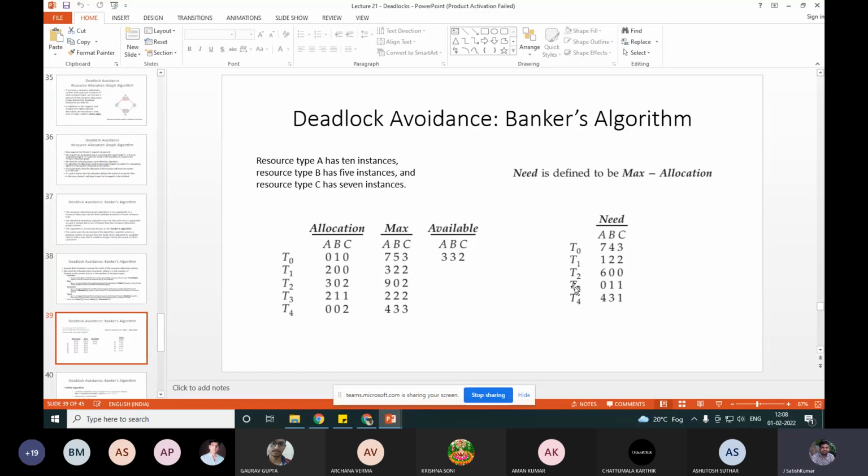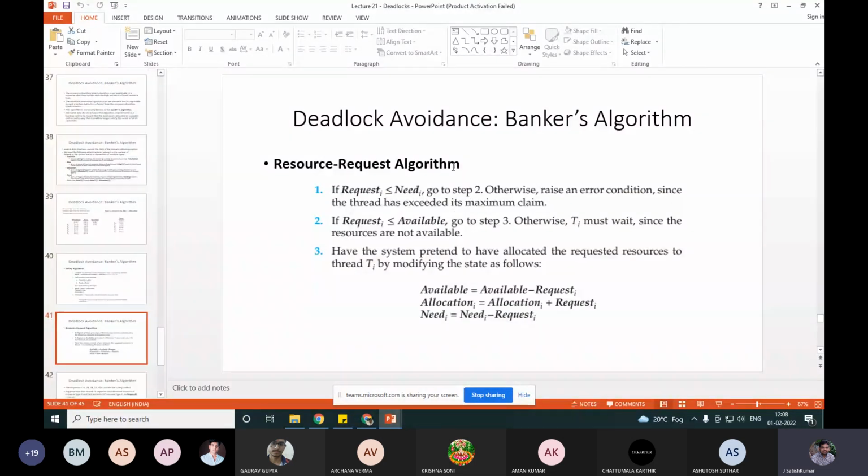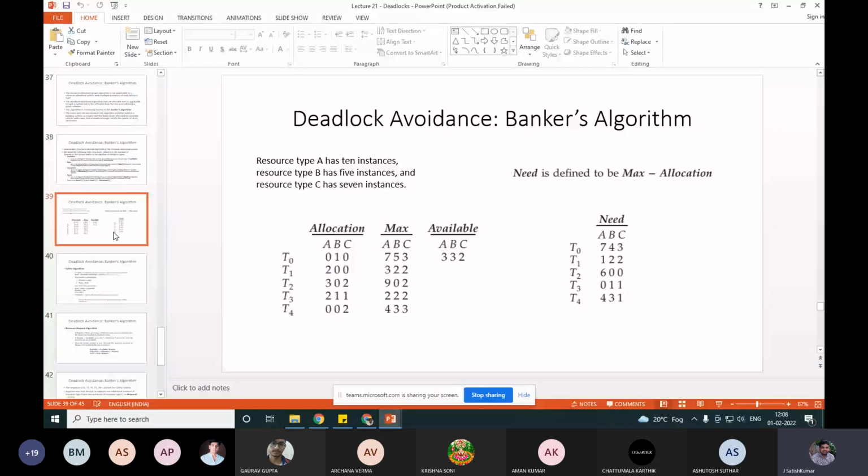So the sequence we follow, we need to make sure, is a safety algorithm. Once you do that, you allocate the requested resource. If the request is less than the need, and if the request is available, then allocate it. If either of these conditions fails, don't allocate. In this way, you can avoid the deadlock. Banker's algorithm is a predominantly used algorithm to avoid deadlock in operating systems.